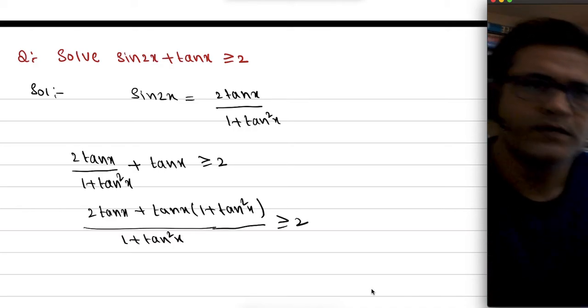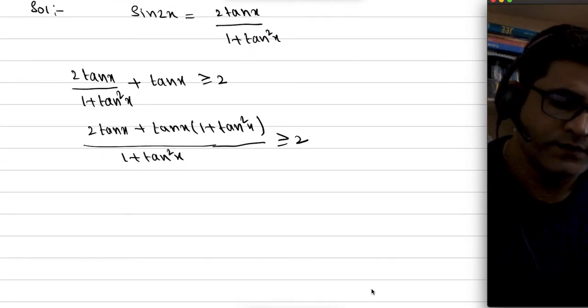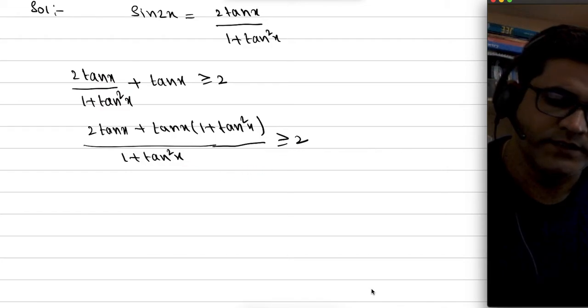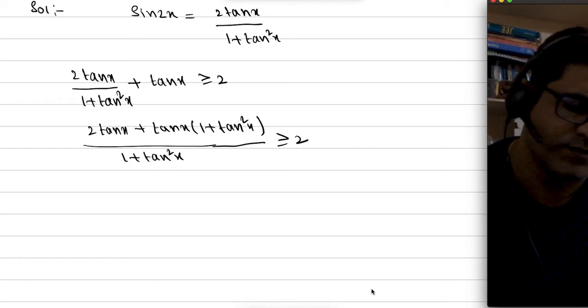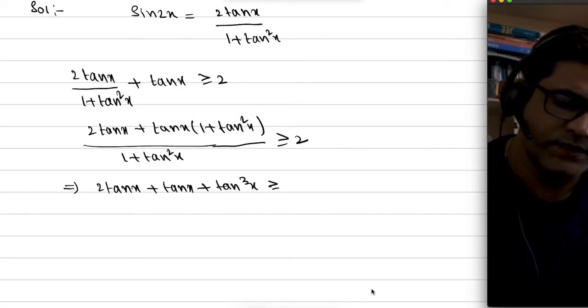So here denominator is anyways positive, that is this 1 plus tan square x is positive. If you take out 1 plus tan square x this side, that is right hand side, inequality remains same because 1 plus tan square x is a positive quantity. So this implies 2 tan x plus tan x plus tan cube x is greater than or equals to 2 times 1 plus tan square x.